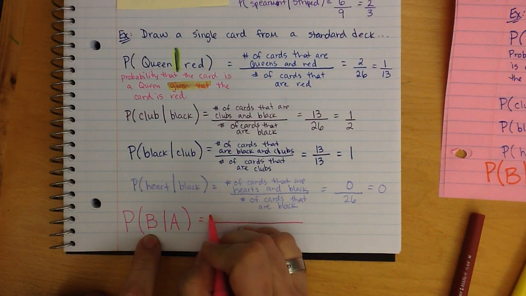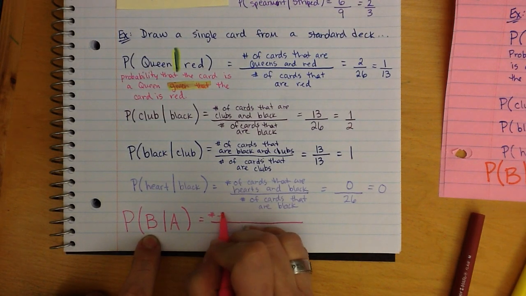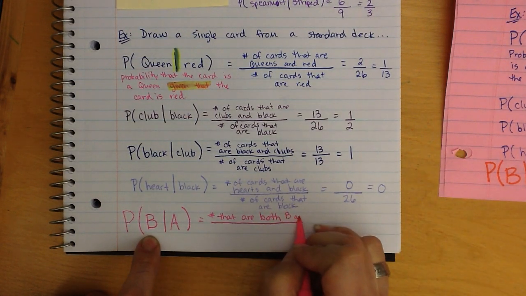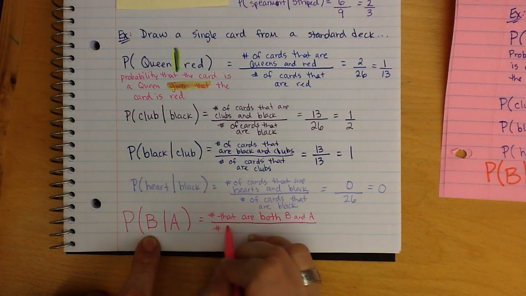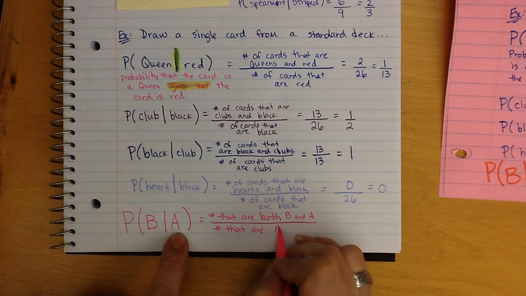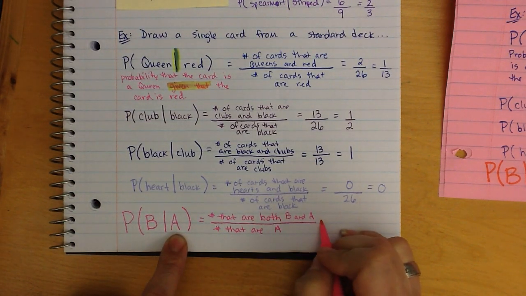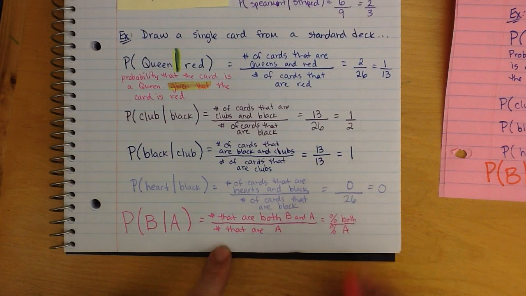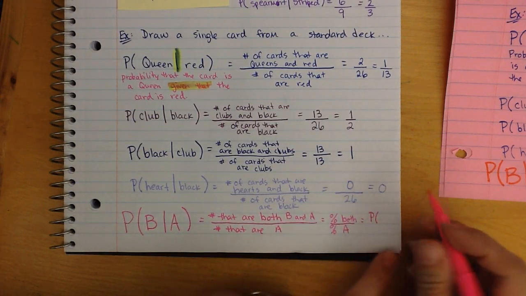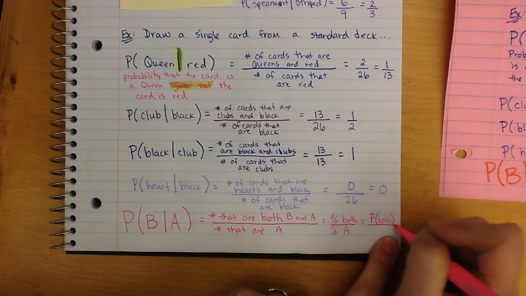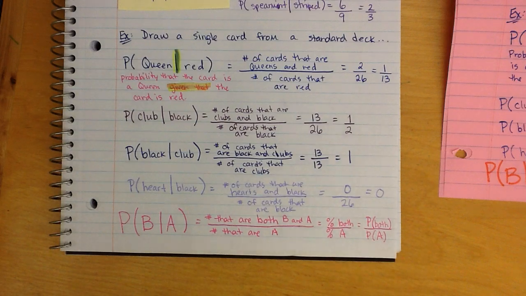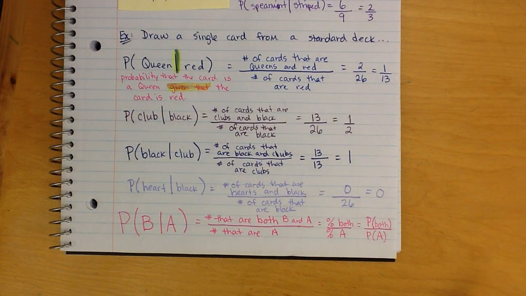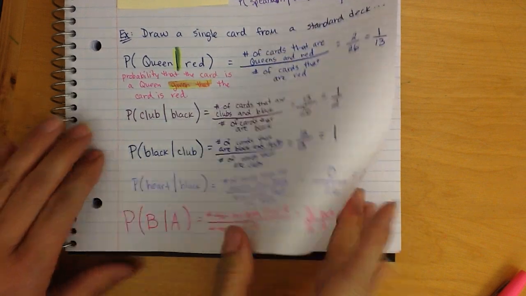So the way we do that is we take the number of outcomes that are both B and A divided by the number of outcomes that are A. Or it could be the percent that are both divided by the percent that are A. Or it could be the probability of both divided by the probability of A. So we have to be a little bit flexible in how we use this formula to answer different questions as we go along. We'll see that in just a couple of examples here.